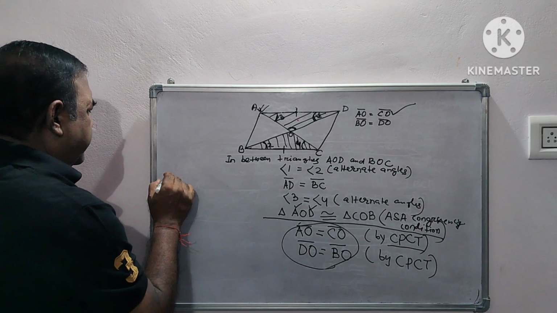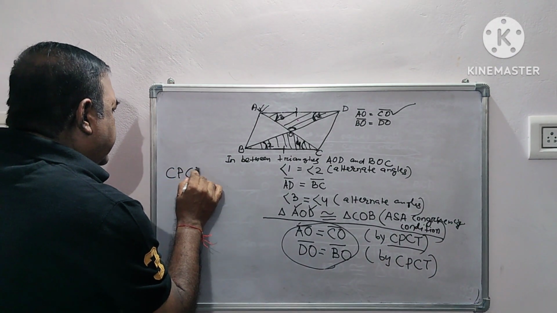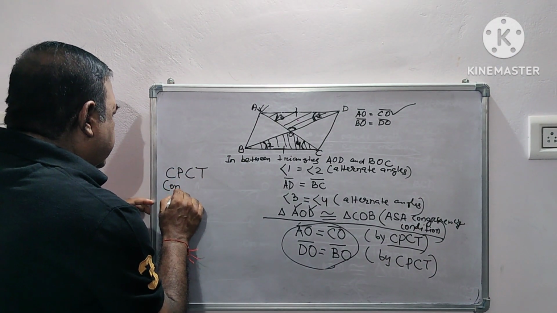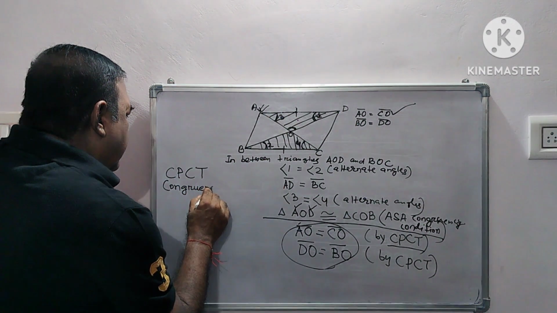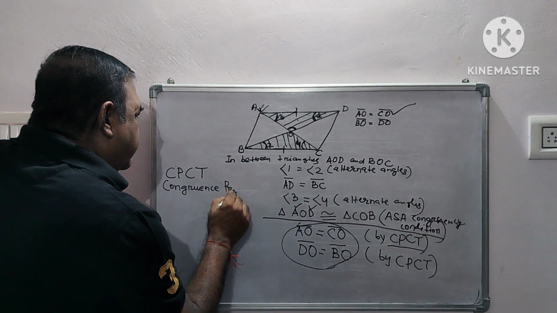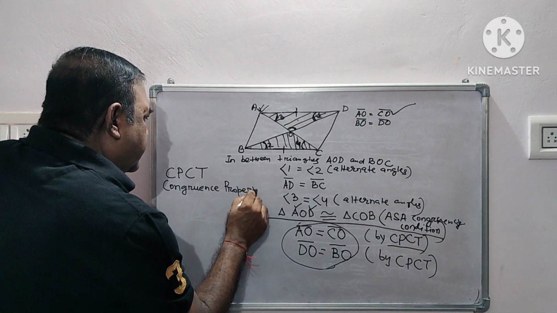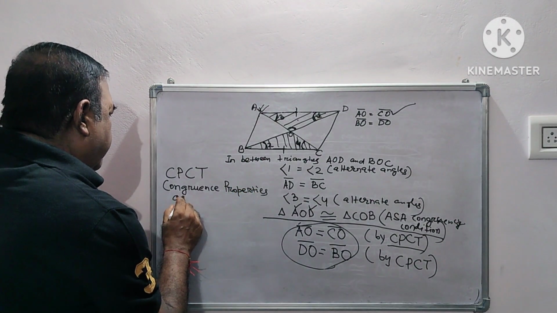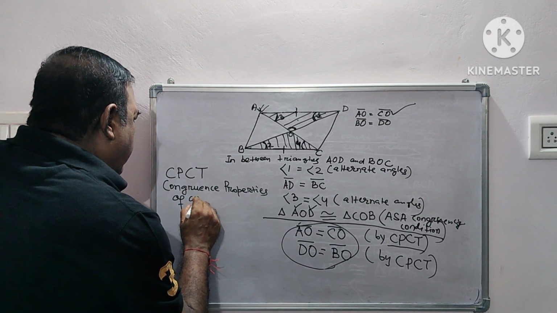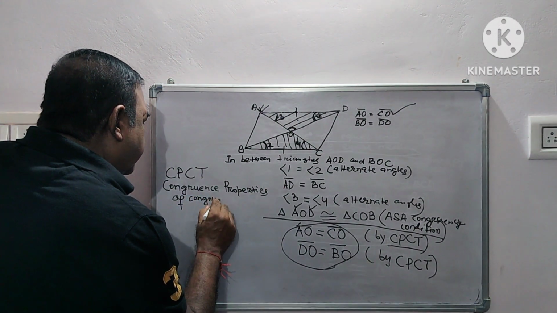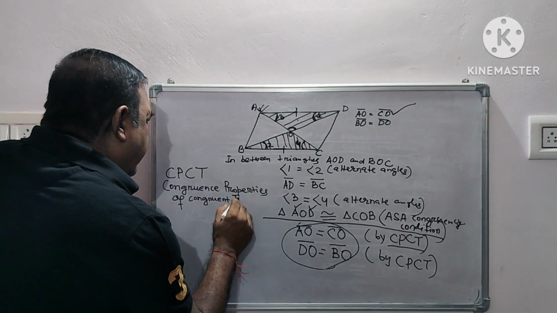By CP/CT, that means congruence properties of congruent triangles.